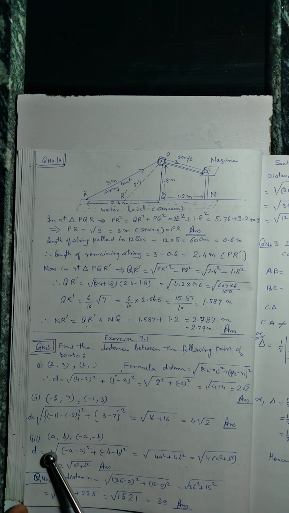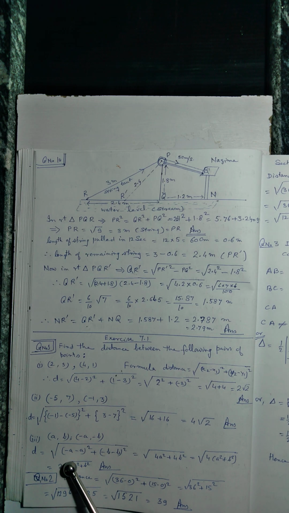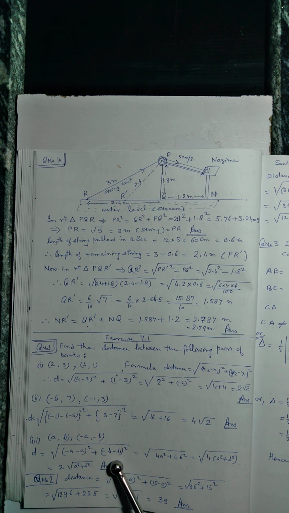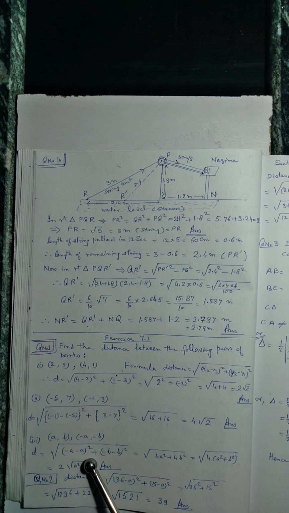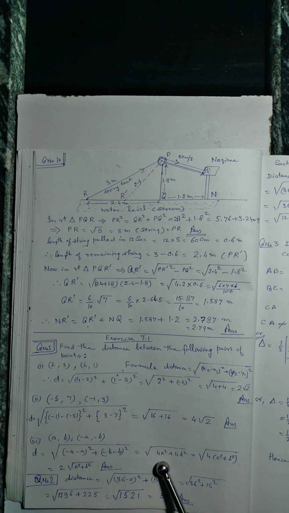Now proceed to the third part, that is the points (A, B) and (minus A, minus B). So the distance will be equal to root of (minus A minus A) whole square plus (minus B minus B) whole square. So it will become (2A) whole square and (2B) whole square.